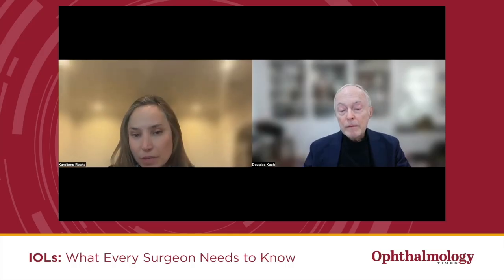Are there any contraindications in your hands with these lenses? Are they for every patient who would get a monofocal, or are there eyes you wouldn't want to use them in? Yes, I think it's important to look at the topography, right? For example, if someone had a myopic LASIK 10 years ago with a very small optical zone, that patient has a lot of positive spherical aberration. I may just want to do a lens with negative spherical aberration.